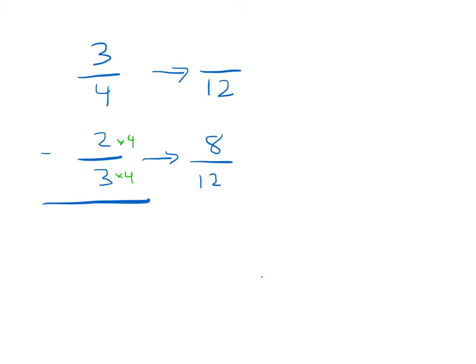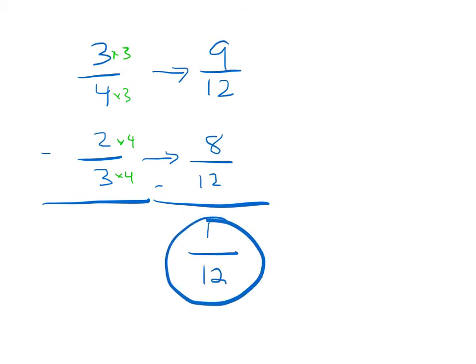And then up top here, 4 times 3 equaled 12, so 3 times 3, that will equal 9. So now I can subtract 9/12 minus 8/12. So 9 minus 8 is 1, and the denominator remains the same. It will remain a 12. So my answer here in example 2 is 1/12.